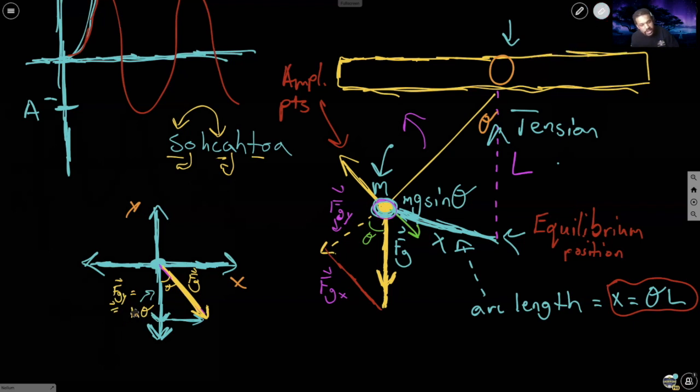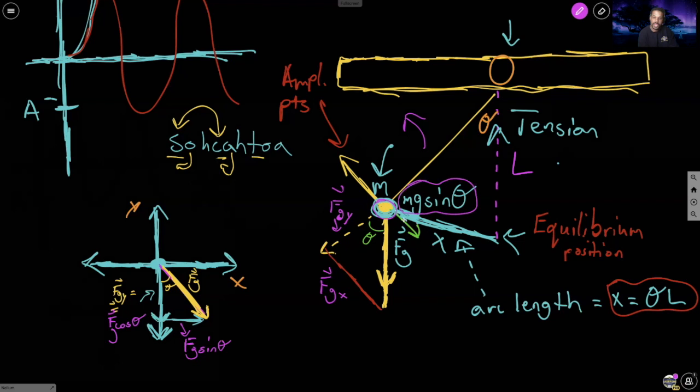So this is actually the adjacent. So then it's going to just be, instead of sine, what is it going to be? Cosine, right? So it's just going to be FG cosine, right? And then this one, because it's opposite, this one is going to be FG sine. Okay, beautiful.